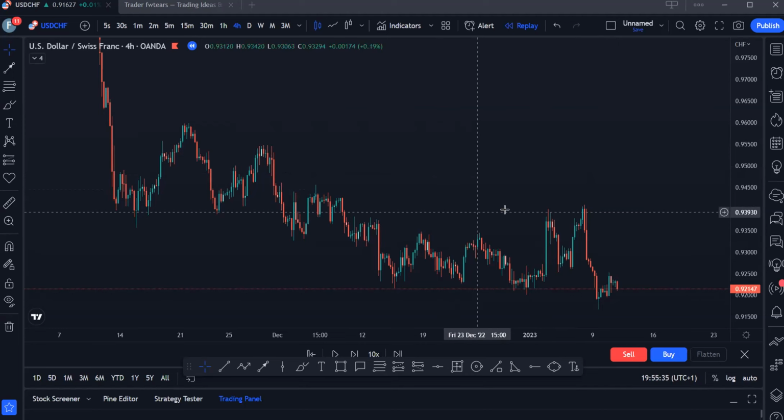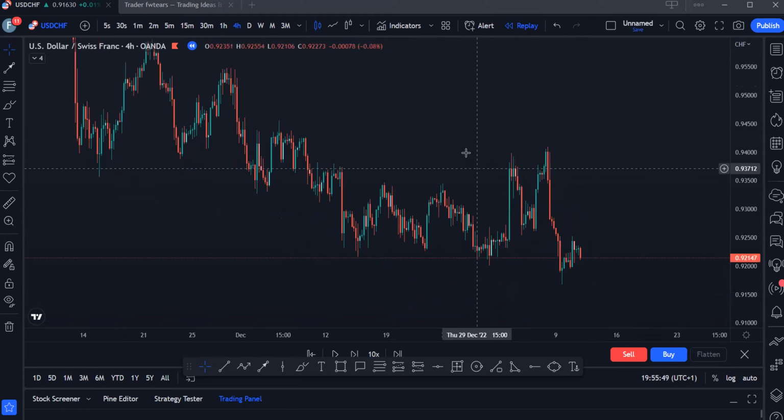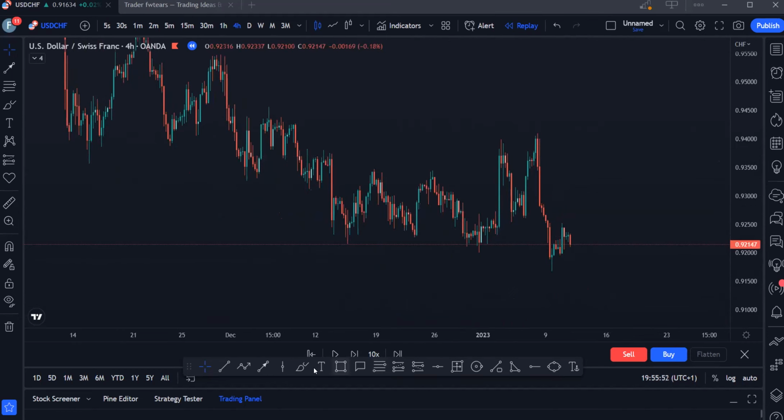So let's spot resistance. Let's look at where price is right now. All right, so what can we see? We can see that price over here went up, was going like this, and then suddenly, what did price do? Price just reversed.